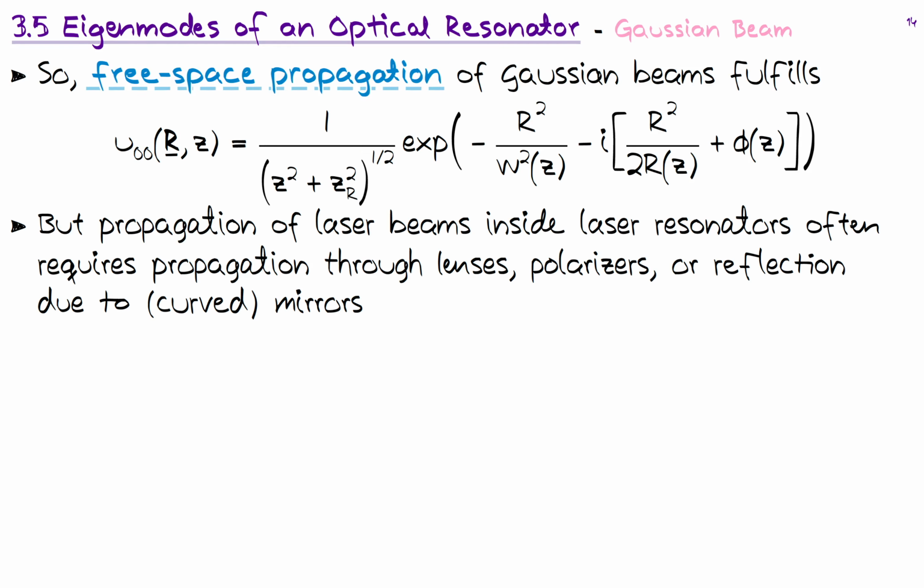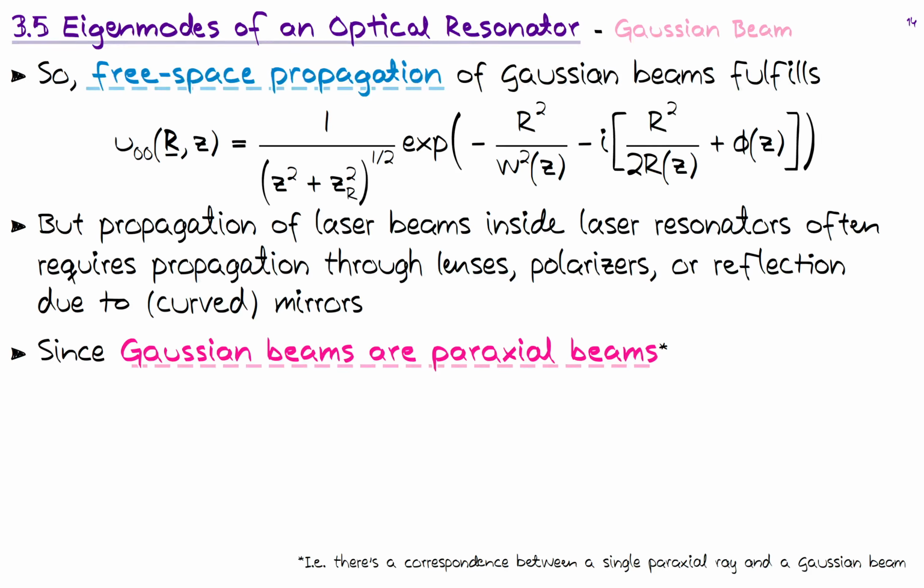So this math tells us free space propagation, but in practice we want to understand how the laser beam propagates through lenses, how polarizers affect the propagation, and how reflection from a mirror affects it. So we need to somehow generalize our treatment.